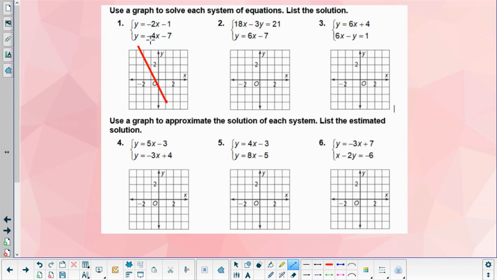And my slope is negative, so I need to do the opposite. So instead of going down 4 and right 1, I'm going to go up 4 and left 1. So if I'm at -7 on number line, and I go up 4 spaces, so I'm going closer to 0, that takes me to -6, -5, -4, -3, and I would move over to -1. All right, so -3, -1 would be my next point.